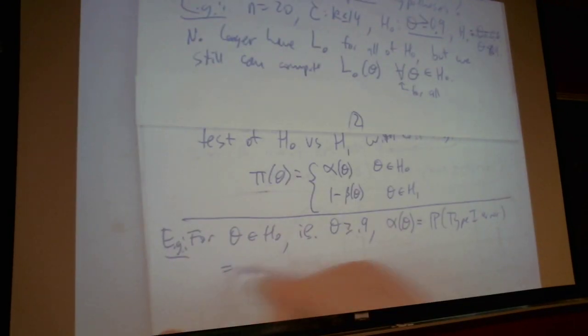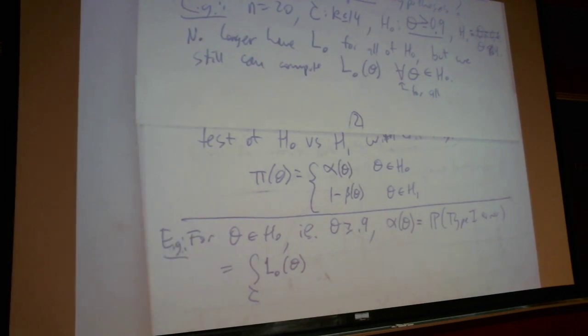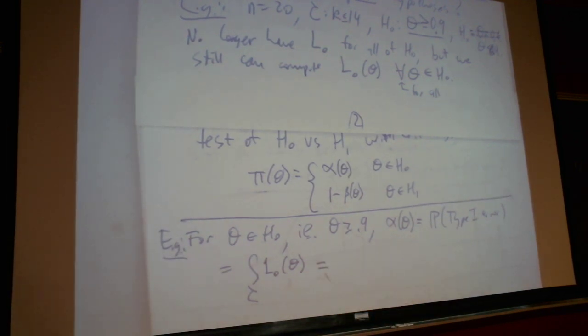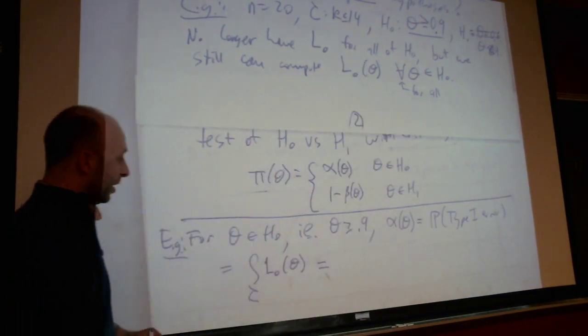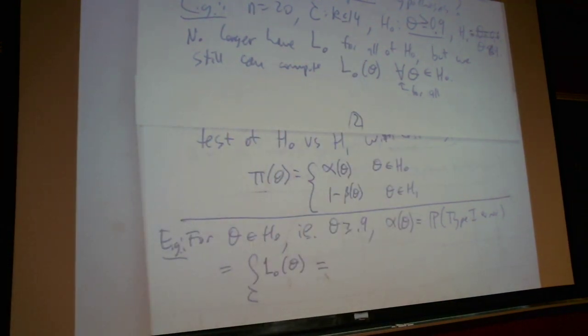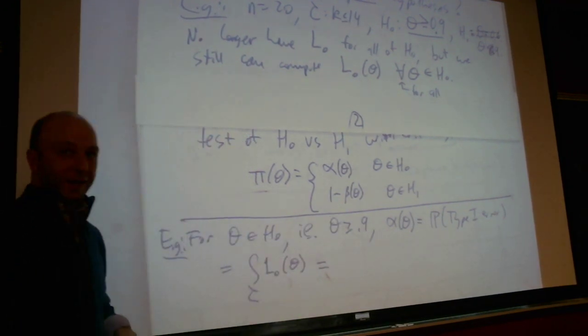Or alternatively, it's the integral over the critical region of the likelihood, assuming that value of theta. So what is it in this case? Remember, our critical region is k at most 14. So we assume we saw a k that was at most 14, where theta is some value bigger than 0.9.